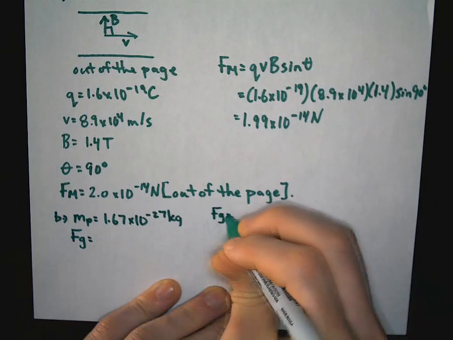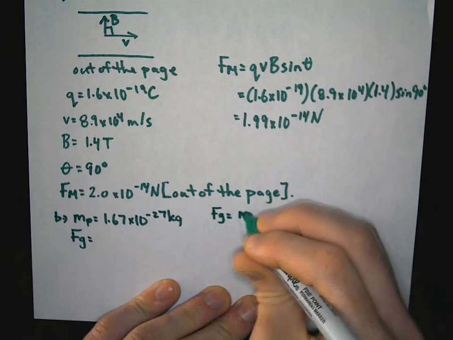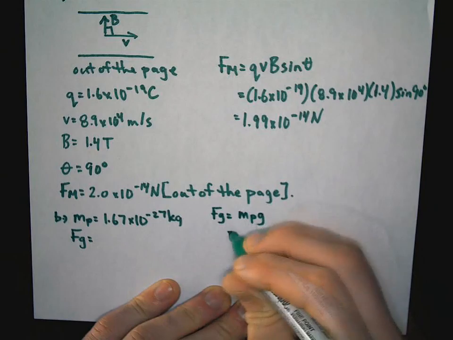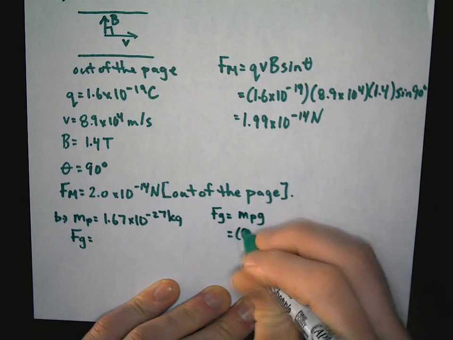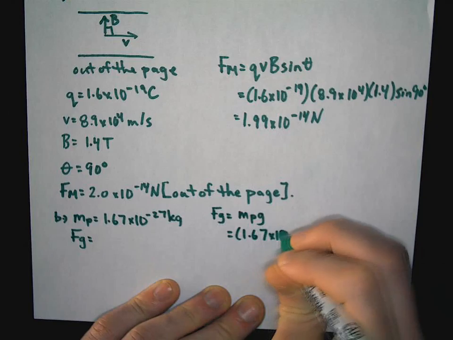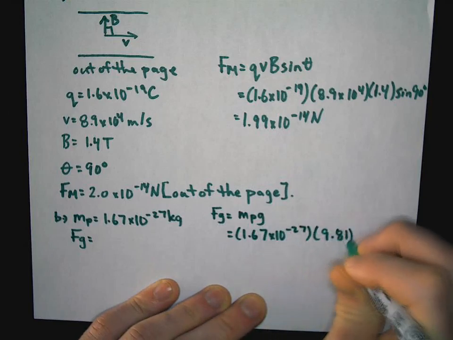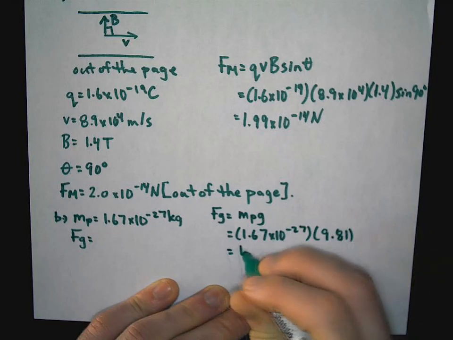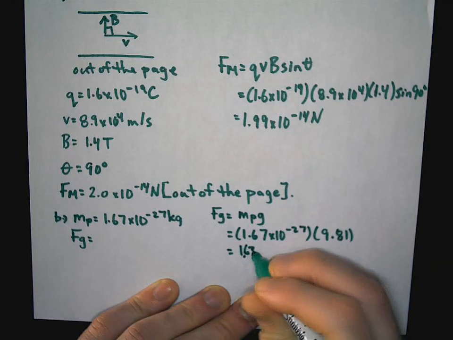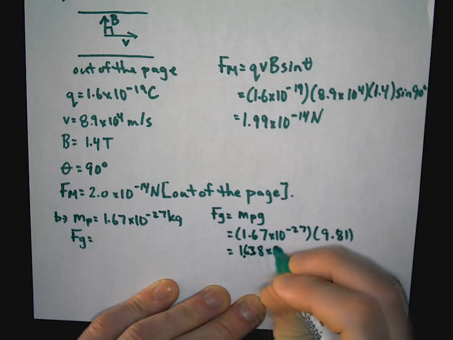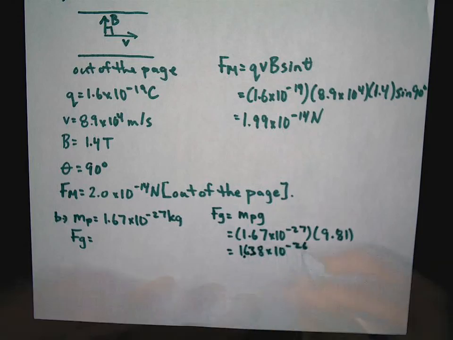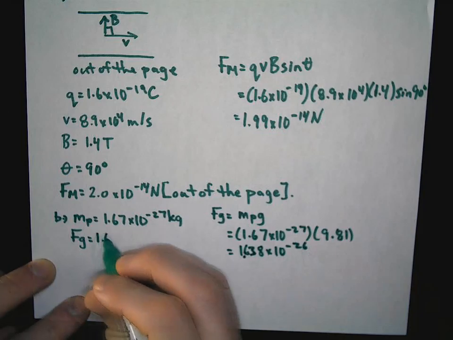Gravitational force, Fg, will be the mass of the proton multiplied by g. So we'll have 1.67 times 10 to the negative 27 times 9.81, which is 1.638 times 10 to the negative 26. Again, two significant digits.